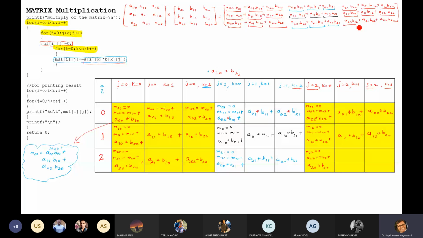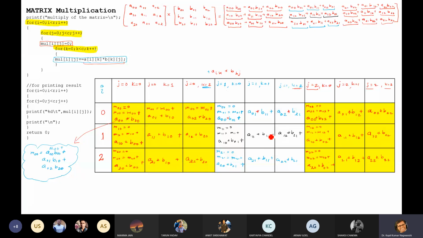Then added with a, i is 2, k is 1, multiplied by b, k is 1, j is 2. Okay, so this is also completed. Now added with a, i is 2, k is 2, multiplied by b, k is 2, j is 2. So this is our complete matrix.